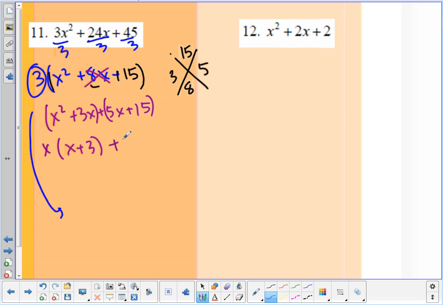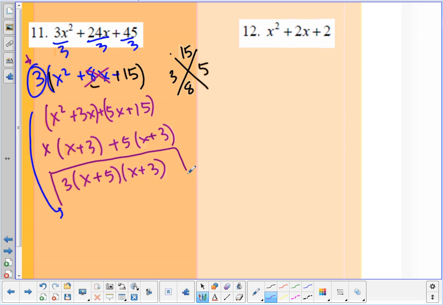Take out a 5, you're left with x plus 3. You have x plus 5 and x plus 3 multiplied together. And then I throw my 3, which was my original GCF, back out on front. And there's my factored form.